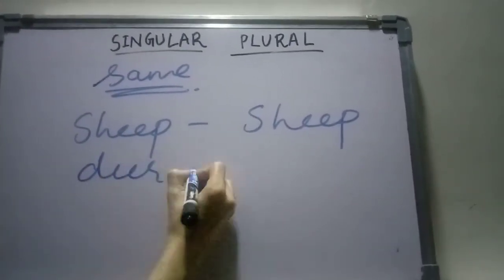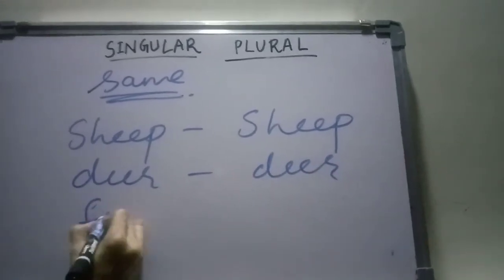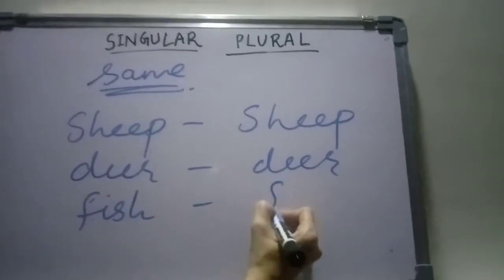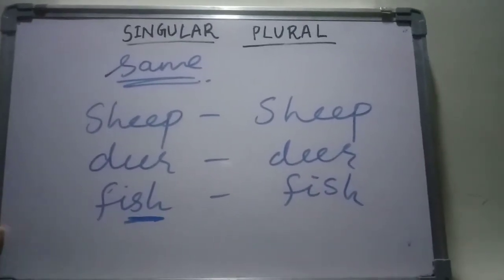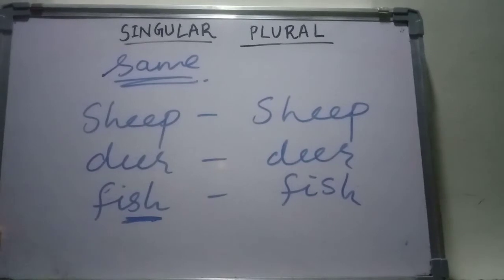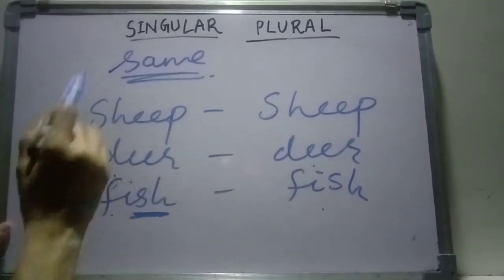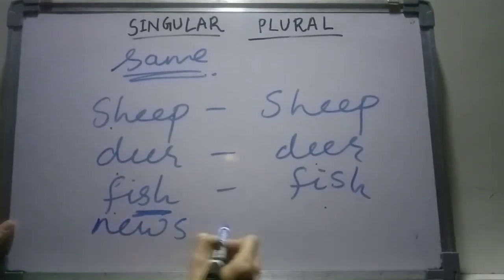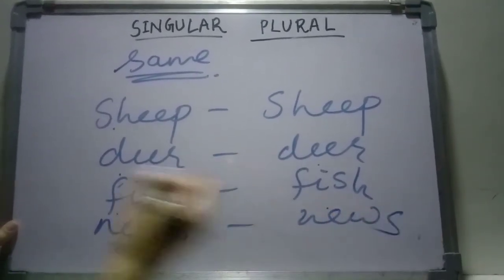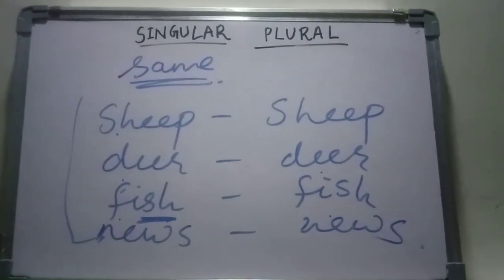Deer is always deer. Fish is always fish. Even though it is ending with sh, you do not add es to it. Fish remains fish, deer remains deer, ship remains ship, news remains news. For these words, singular and plural both are the same.